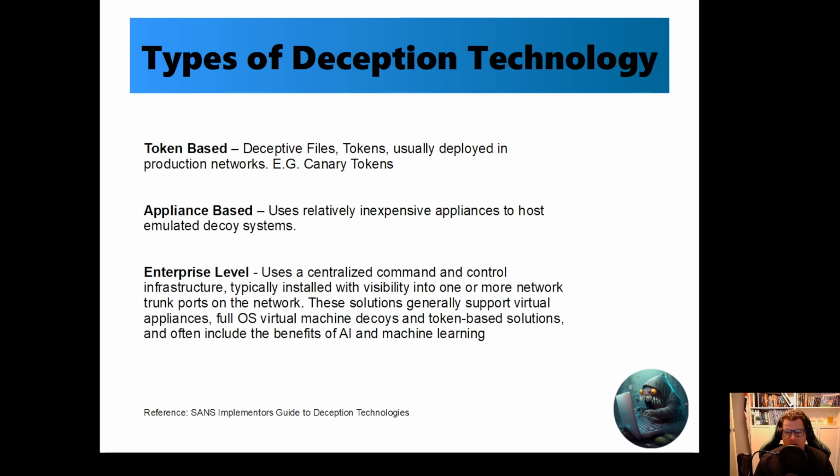The goal here is to have a high level of realism so that the threat actor believes they're moving through the production network, but in reality, we're collecting information about them and we're redirecting them away from our critical assets.